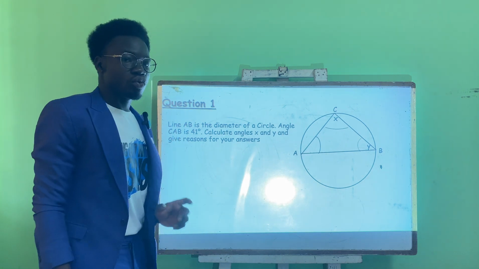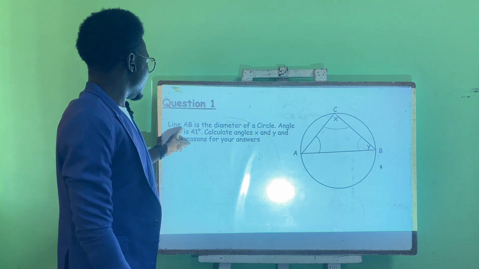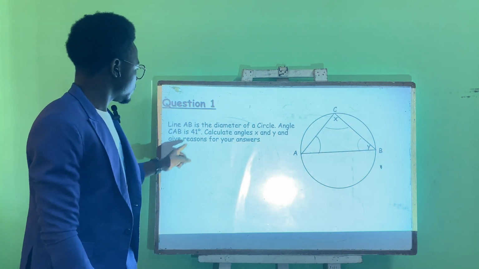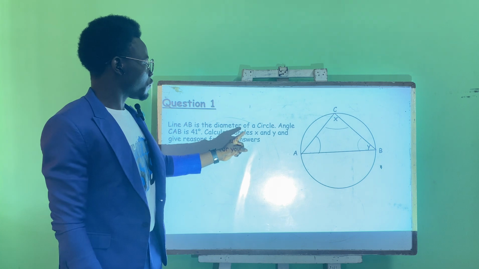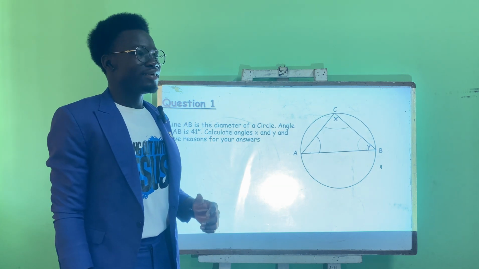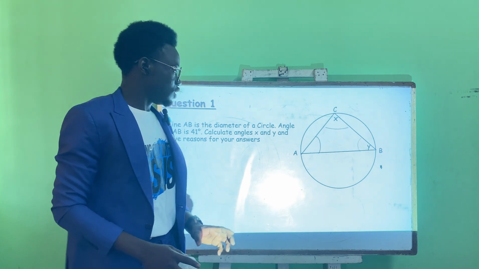We are taking question 1, and question 1 says that line AB, from the diagram, is the diameter of a circle. When we talk about the diameter, it is the line that divides the circle into two equal parts.